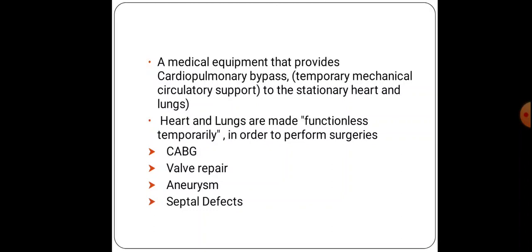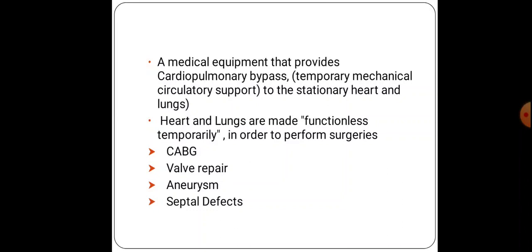Normally the heart lung machine is called an electromechanical device, because mechanical means the blood will be flowed. The pumping of the blood is called the mechanical, and the electrical is the stimulation of the heart, because based upon the contraction and relaxation of the heart only, the blood will flow to the other parts of the body, and also the blood will come to the heart.